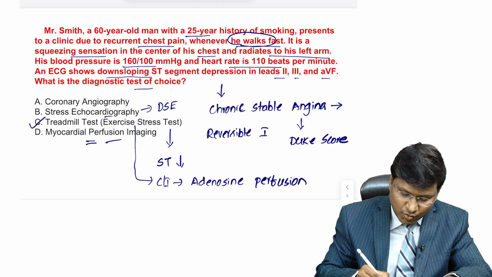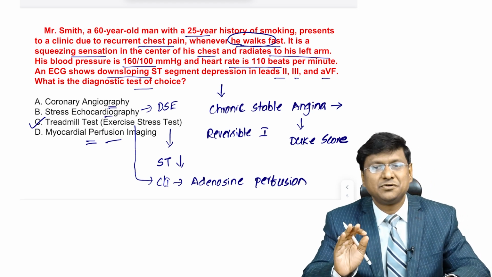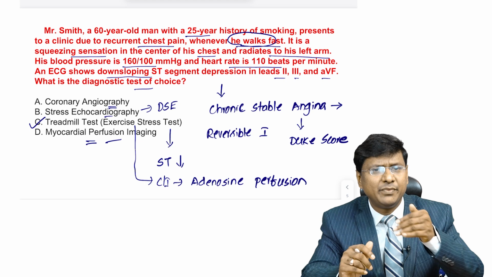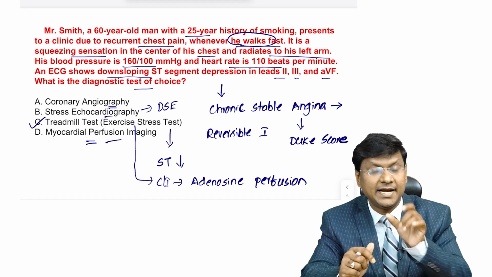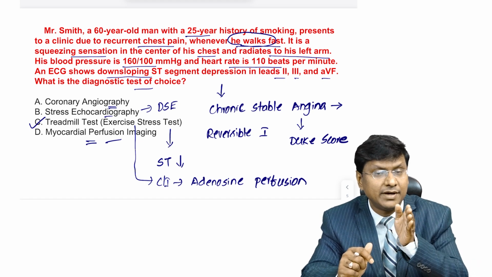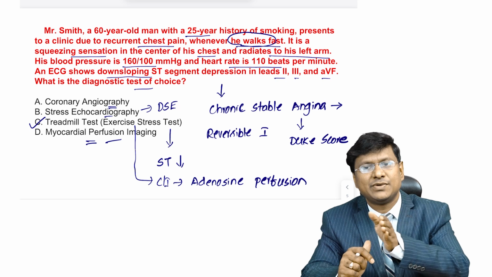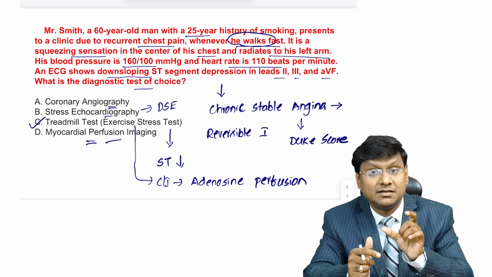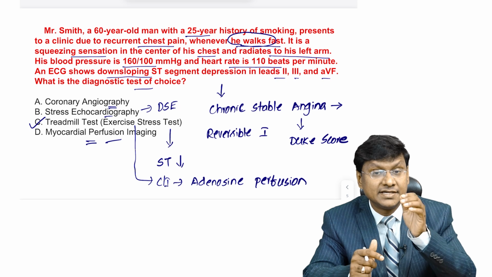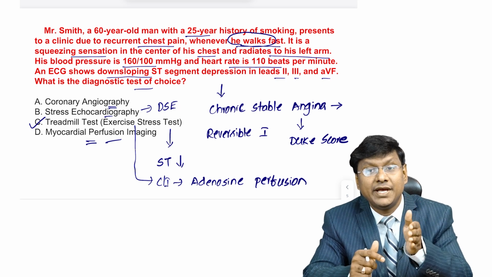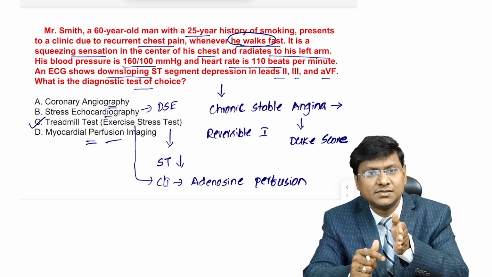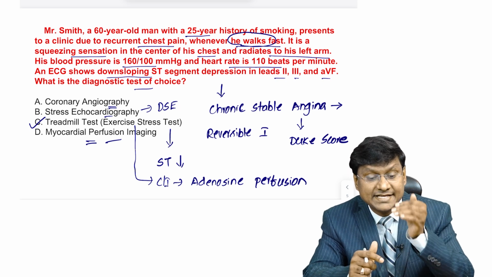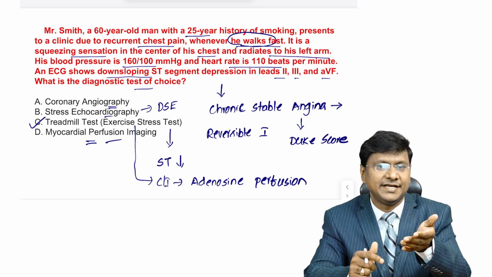Whereas coronary angiography is actually the gold standard test for chronic stable angina. But when do we do the coronary angiography? It will also assess the extent as well as the severity of the blockages within the coronary artery. But it is reserved for cases where the patient's symptoms and non-invasive results warrant further investigation.